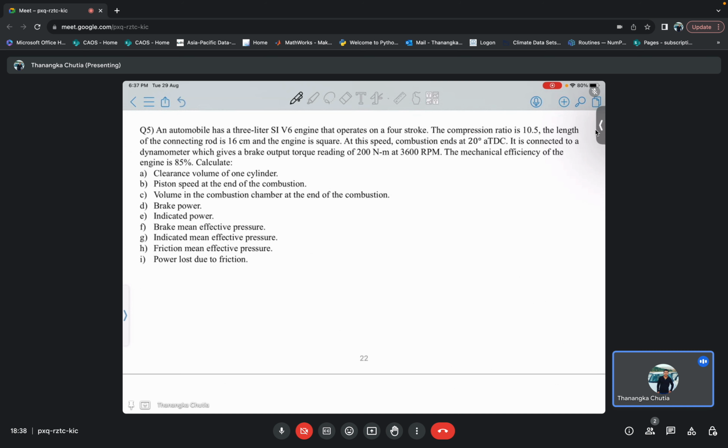It is connected to a dynamometer which gives a brake output torque reading of 200 Newton into meter at 3600 RPM. Mechanical efficiency is 85%, and you have to calculate the clearance volume of one cylinder, the piston speed at the end of the combustion, the volume in the combustion chamber at the end of the combustion, the brake power, the indicated power, the brake mean effective pressure, indicated mean effective pressure, the friction mean effective pressure, and the power loss due to friction.